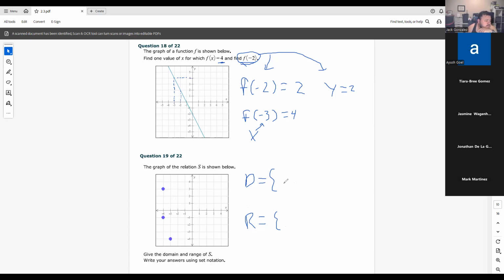Yeah, it looks like just -4 for those first two on the left, and then -3 for that other point on the bottom.